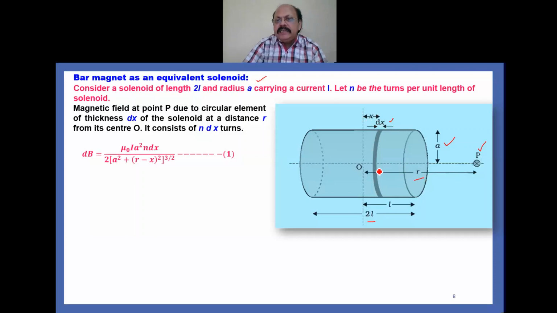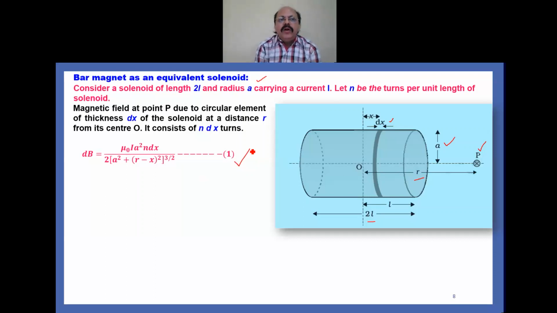So this distance becomes r minus x. So r minus x whole square, and whole power is 3 by 2. Mark equation number 1.